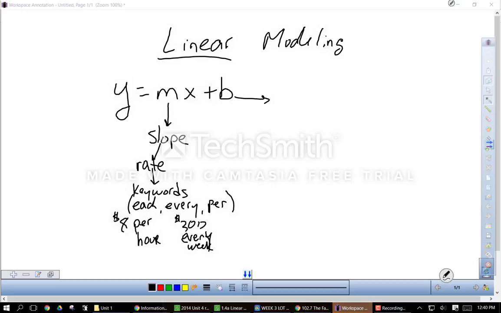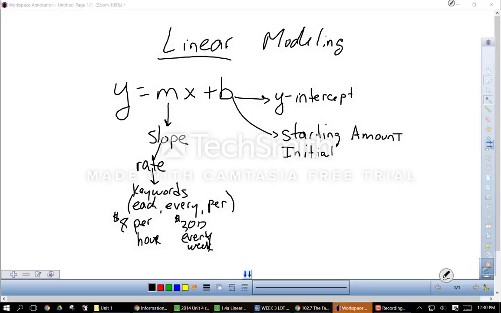This here is, we know this from our y-intercept. But in terms of linear modeling, it means our starting amount, or our initial cost. Okay?